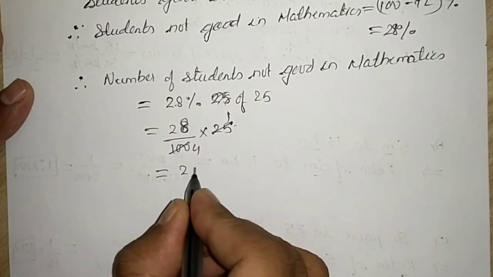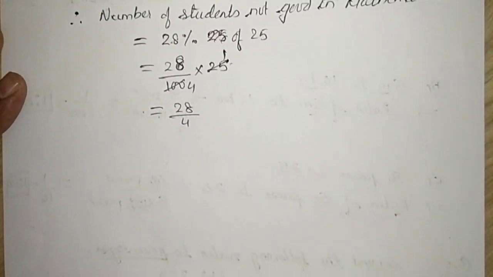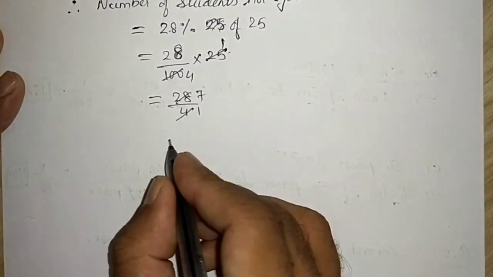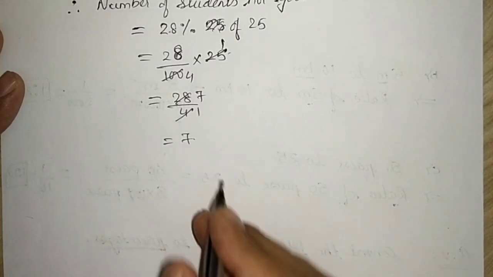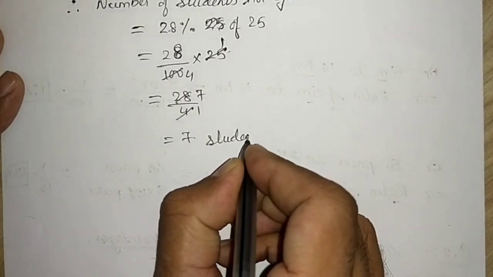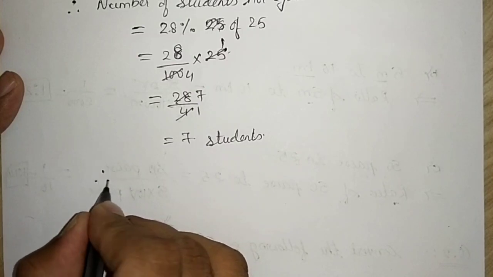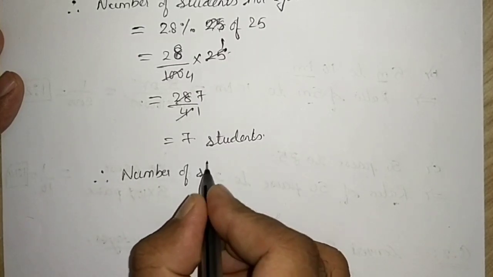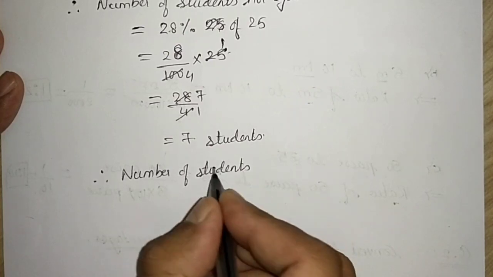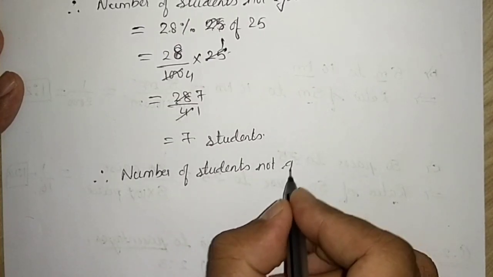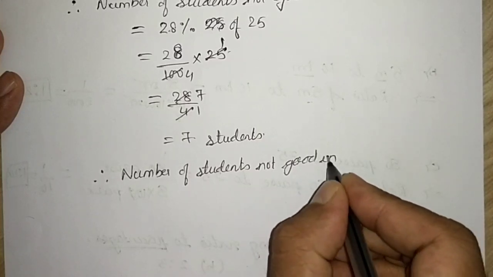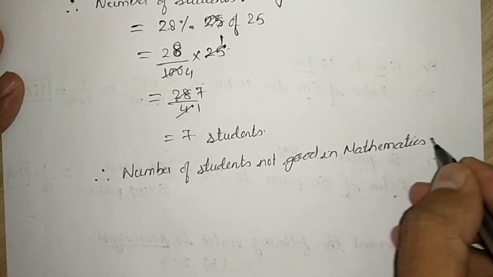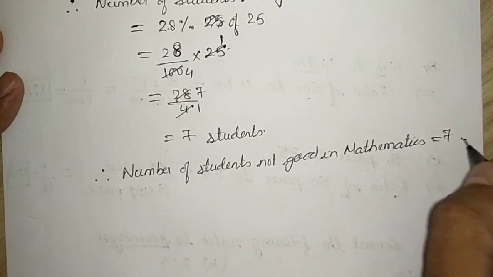So we are left with 28 divided by 4, and in 4's table 4 sevens are 28. So we got 7 students. Therefore number of students not good in mathematics is equal to 7.